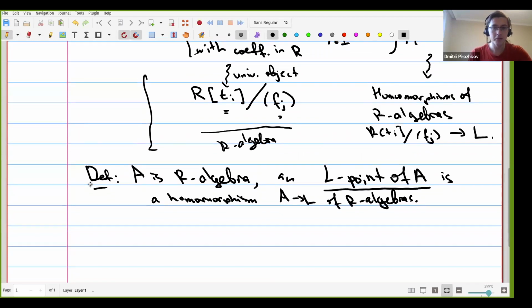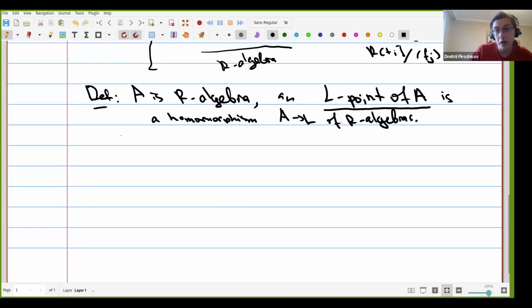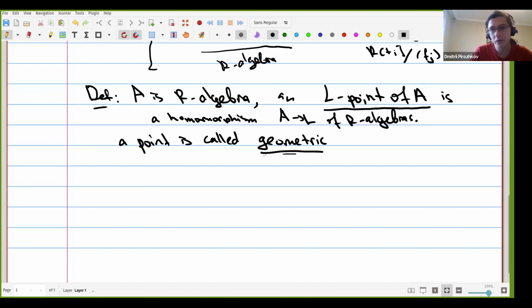And also a point is called geometric if L happens to be a field.